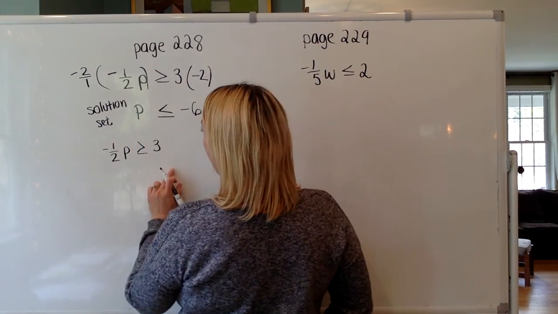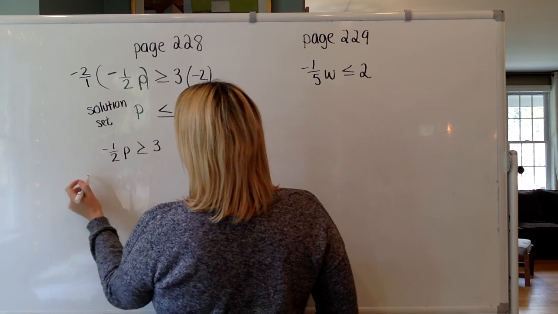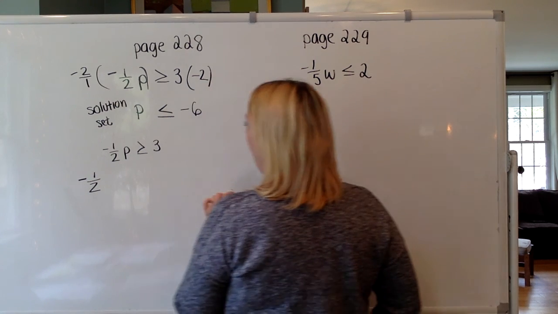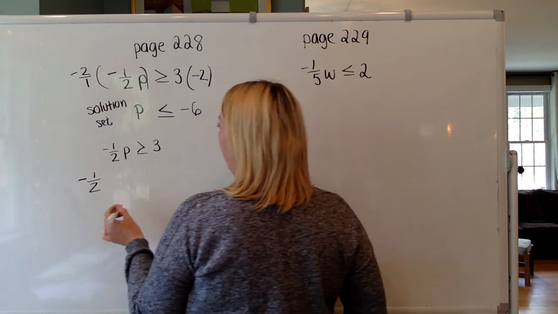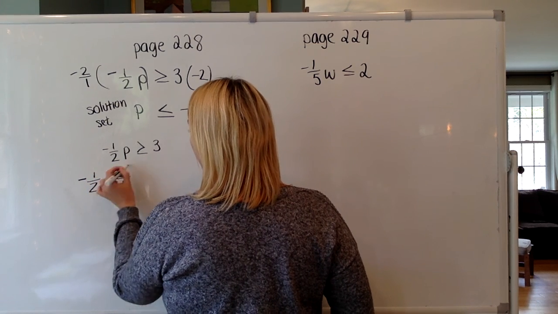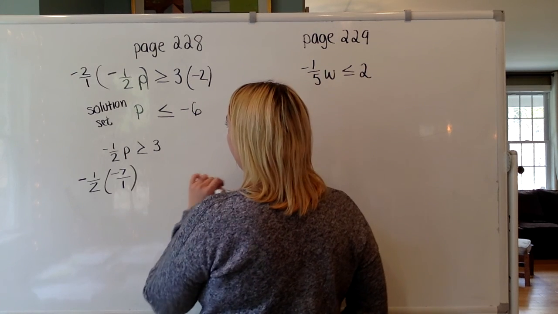So let's go with negative 7, right? Because negative 7 is less than negative 6.